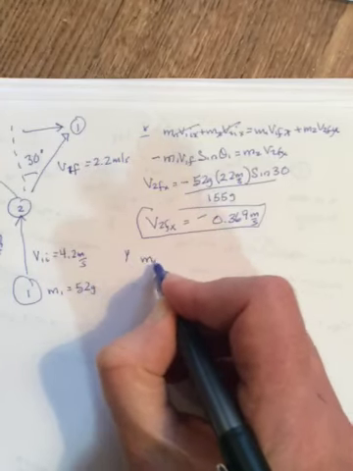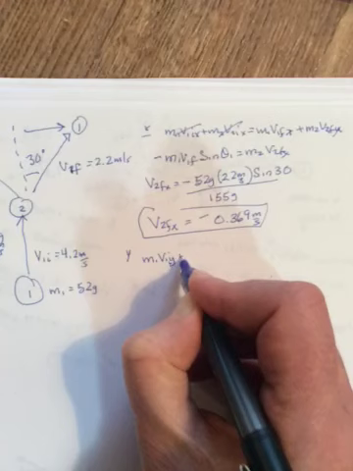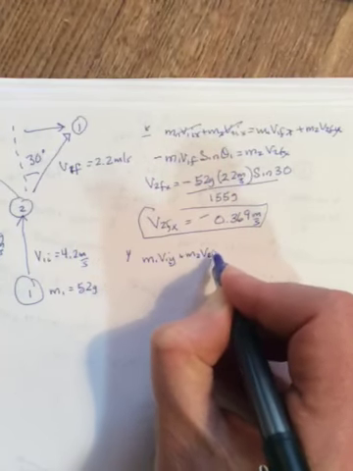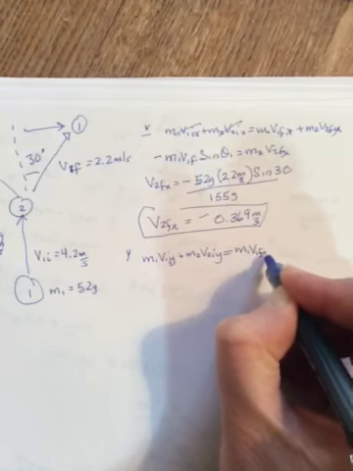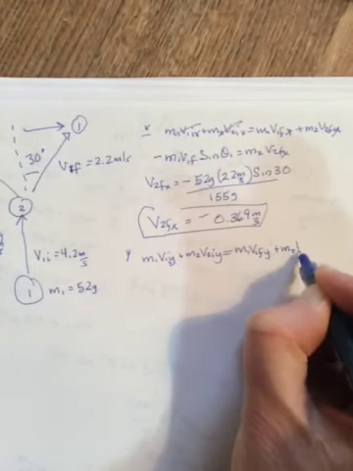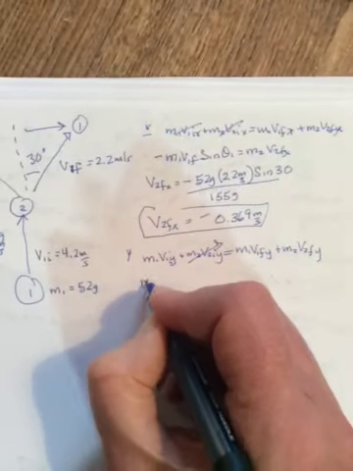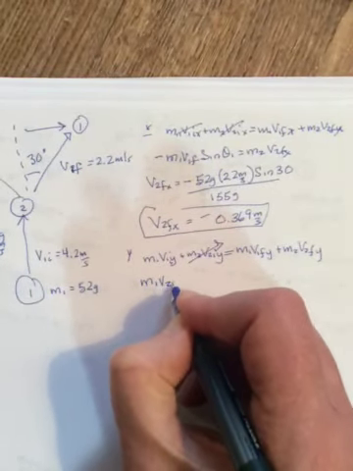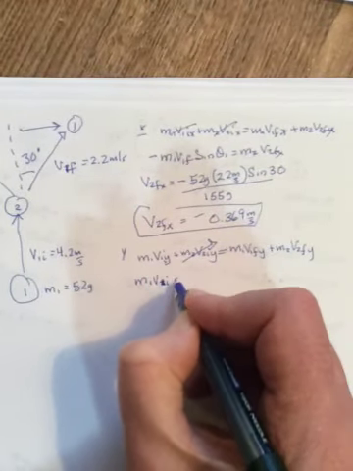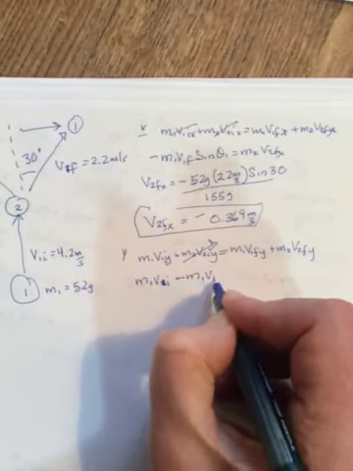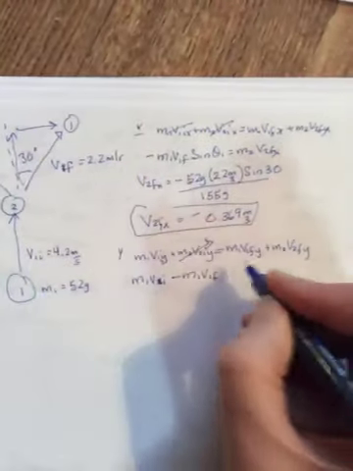Y. m1 v1 initial y plus m2 v2 initial y equals m1 v1 final y plus m2 v2 final y. Number 2 is not moving in the y initially, and number 1 is only moving in the y. Bring this one over, minus m1 v1 final. The y component is cosine.